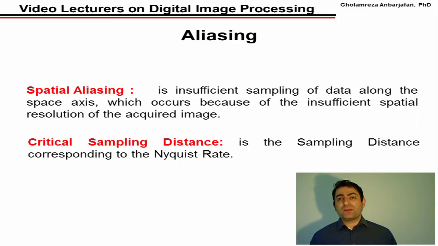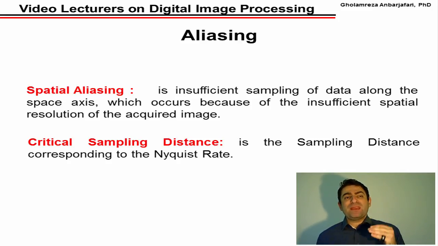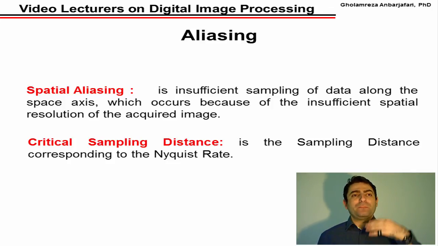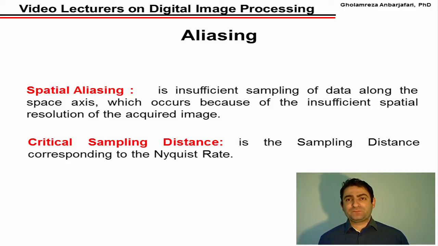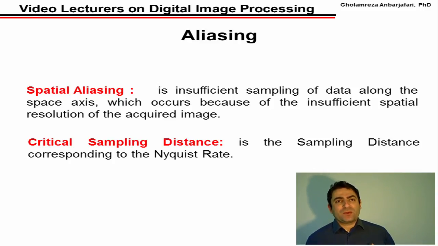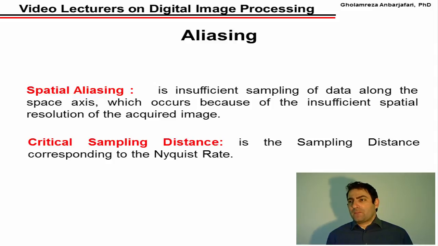Remember the Nyquist theorem, which says that the minimum sampling frequency should be twice the maximum frequency that we have inside an image or in the signal. So images obtained with sampling distances larger than those established by this rate suffer from undersampling. In other words, cameras have a fixed sampling rate.